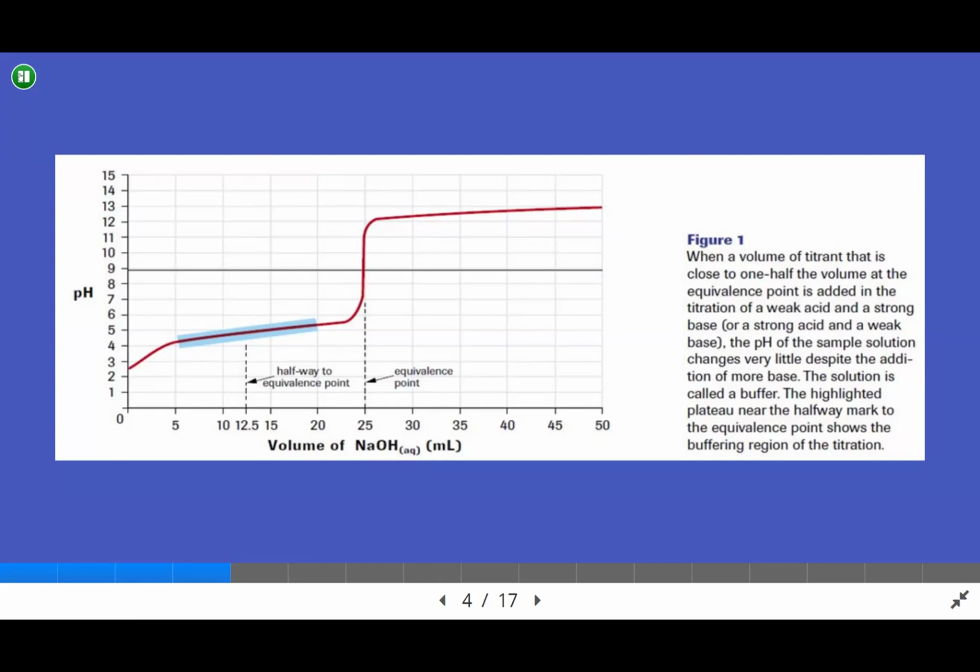So when a volume of titrant that is close to 1/2 the volume at the equivalence point is added in the titration of a weak acid with a strong base, the pH of the sample solution changes very little despite the addition of more base. And this solution is called a buffer. The highlighted plateau near the halfway mark to the equivalence point shows the buffering region of the titration.